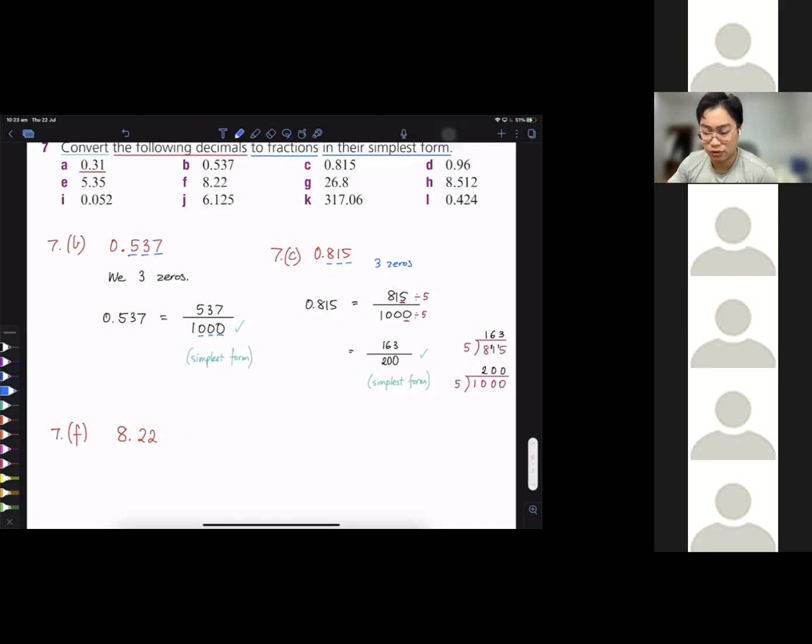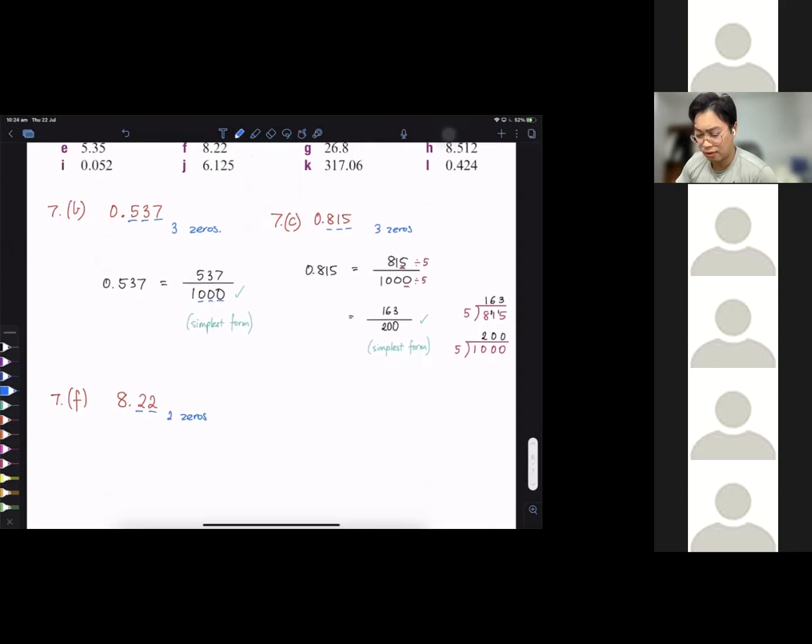Let's follow the strategy that we did. The first thing that we did was we counted how many zeros we had after the decimal point. So how many place values do we have? We have 2, so there's 2 spaces there, so we need 2 zeros when we divide it.